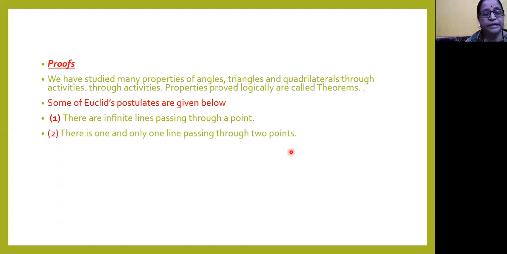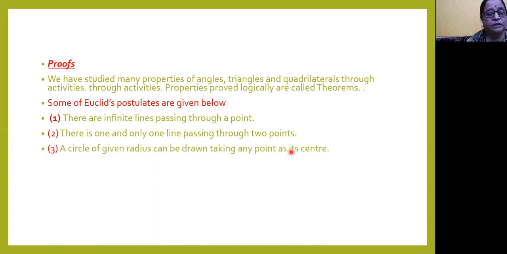Next, there is one and only one line that passes through two points. The third is that a circle of a given radius can be drawn taking a point as its center. Fourth, all right angles are congruent with each other, because a right angle measures 90 degrees.